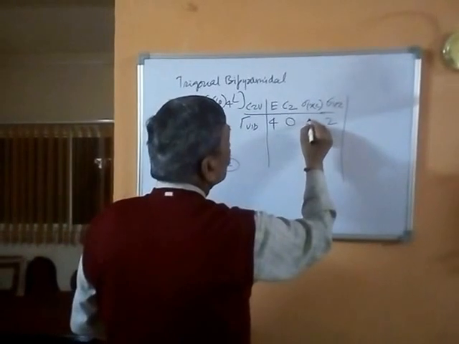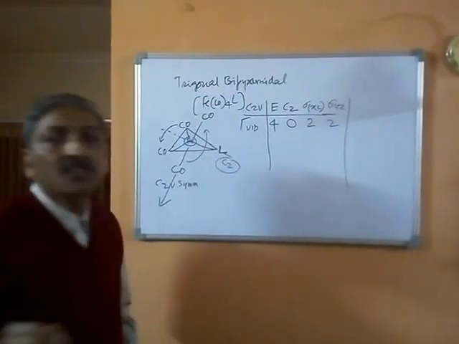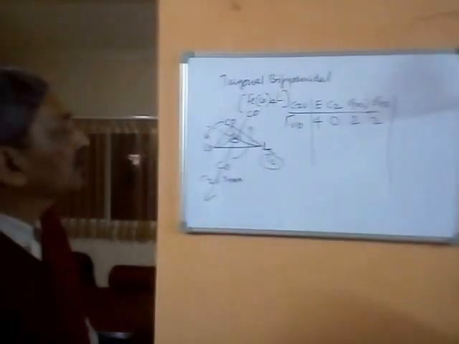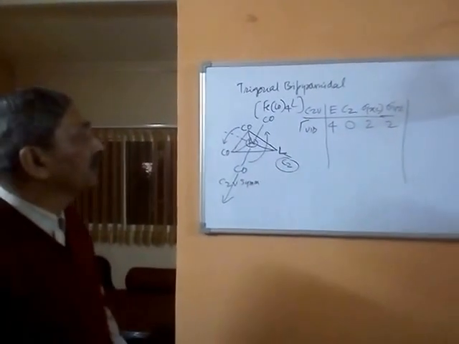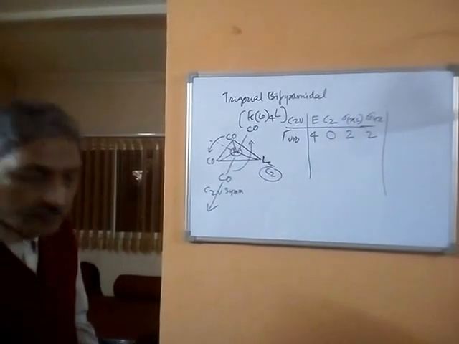This means that the two COs will again remain unchanged, and so the character will be 2. So this is the reducible representation under the C2V point group for the tau vibrational.